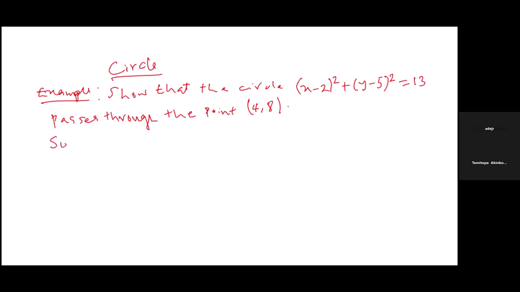Yes, sir. So you will substitute the given point. Now, the given point is (4, 8). So that implies x is 4, y is 8. So those values, 4 and 8, will be substituted in the equation of the circle given, respectively.